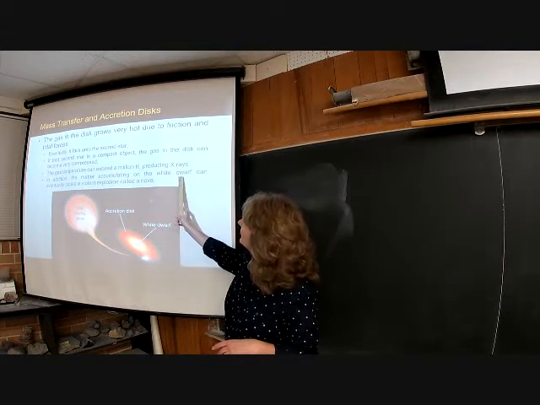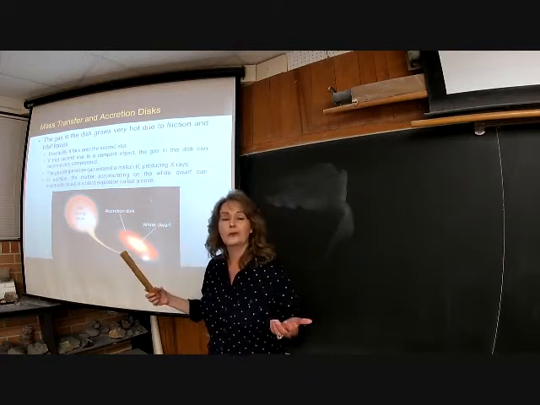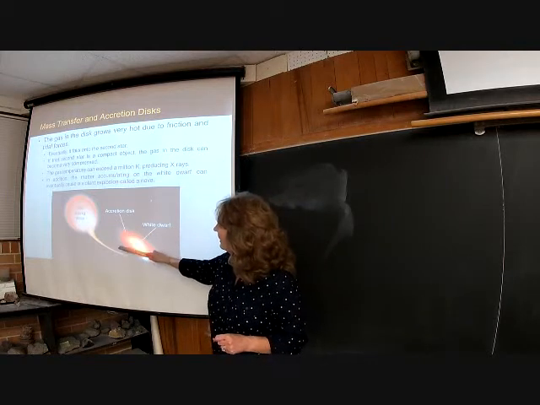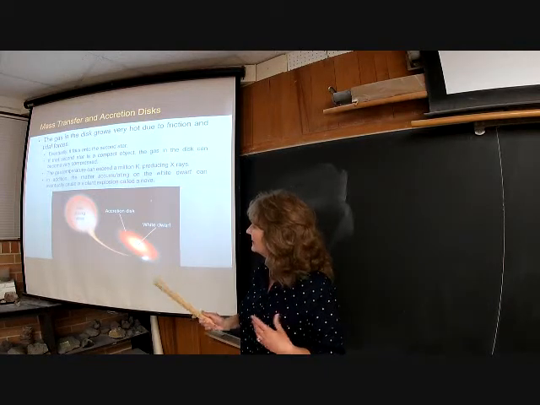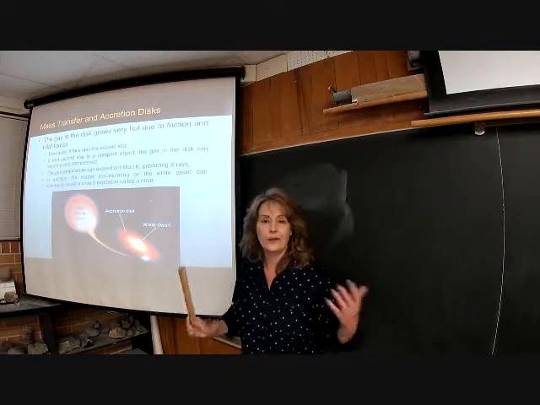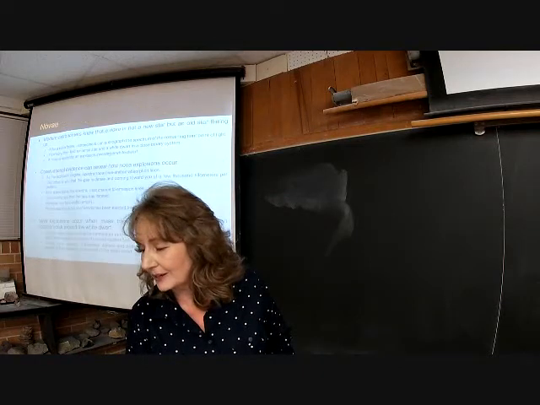The matter accumulating around the white dwarf can cause a violent explosion known as a nova. This can happen if it's gaining a little bit of mass onto that white dwarf. It can flare up and produce some X-rays.